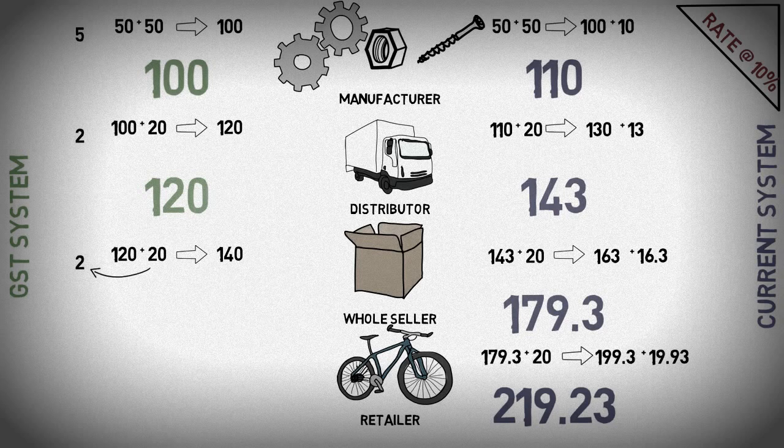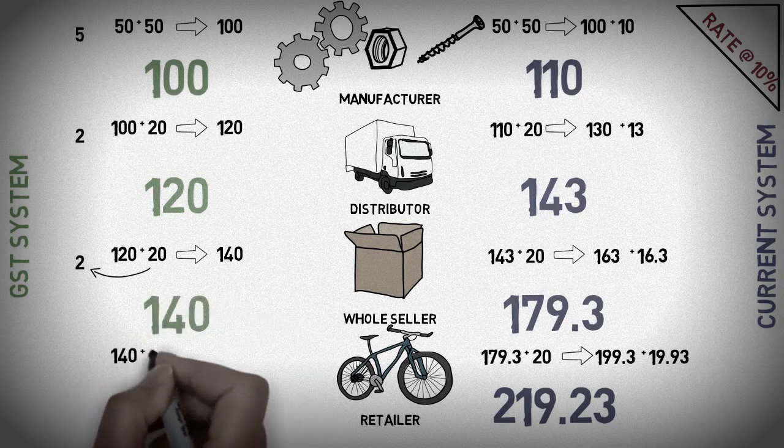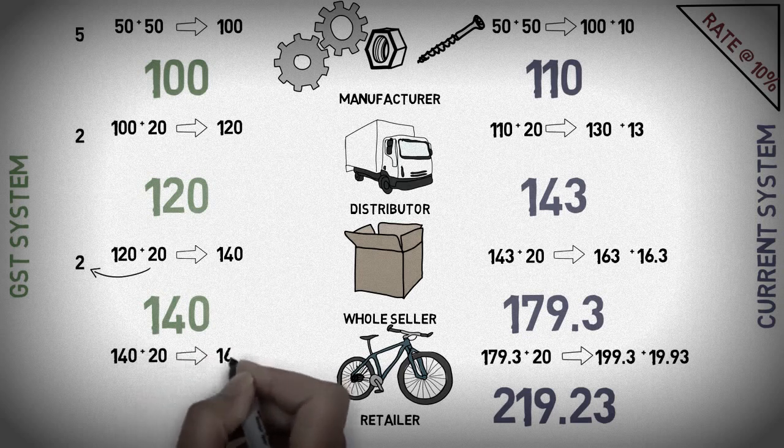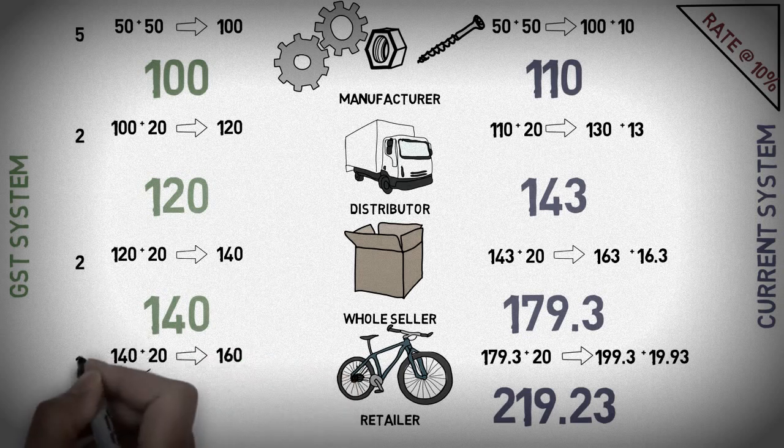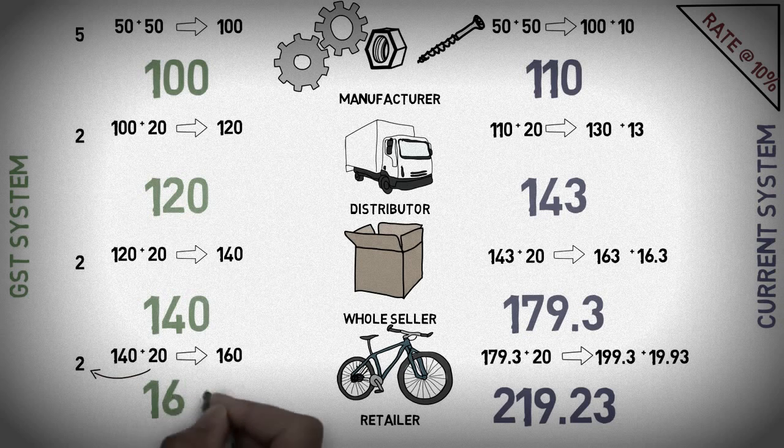The retailer buys the product for 140 rupees, adds a profit of 20 rupees, pays the tax of 2 rupees on his profit of 20 rupees and raises the final consumer price to 160 rupees. So if the prices are compared, the product is 59.23 rupees cheaper in the GST system than the current system.